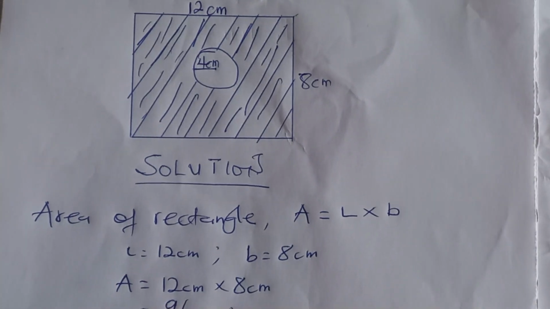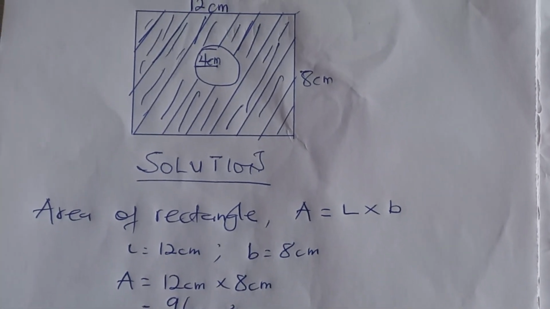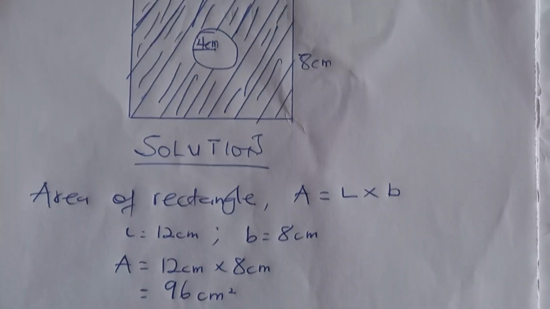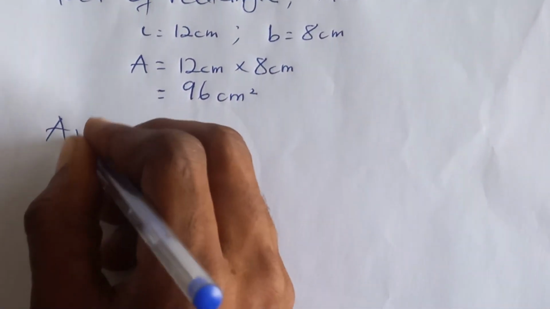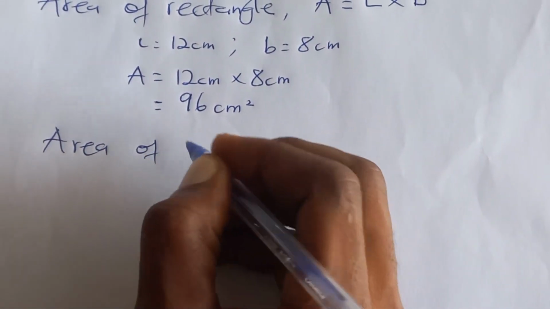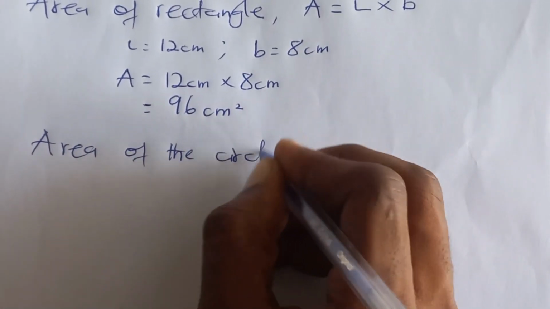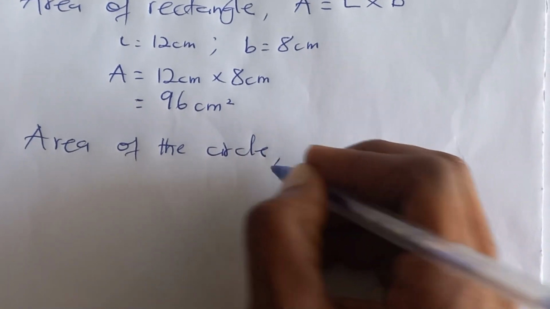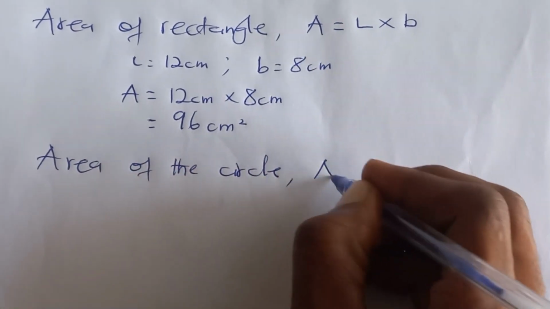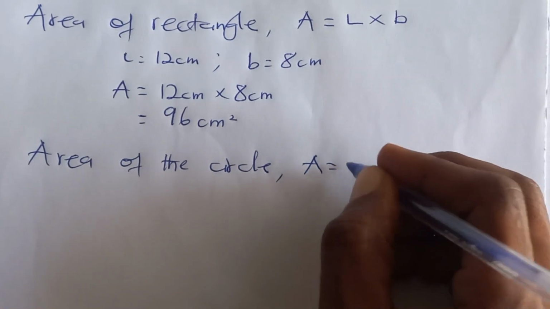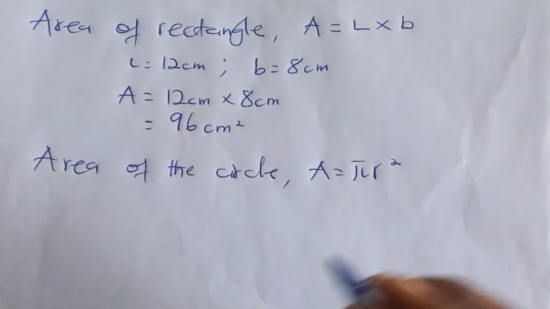Okay, good. So now let's look for the area of the circle. The area is A equals pi r squared.